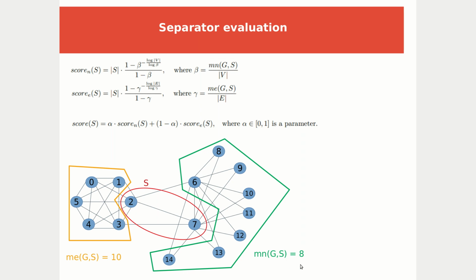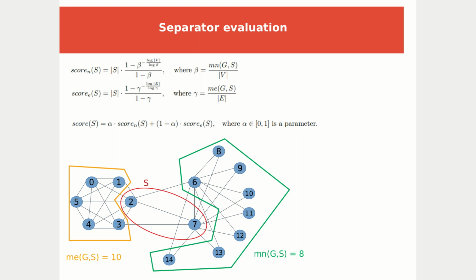Mn of gs is the largest number of nodes in a connected component of graph G after removing separator s from the graph, in that case 8 here, and me is the largest number of edges. Having those two values, we can calculate those scores and the final score, which is the linear combination of the two score functions.